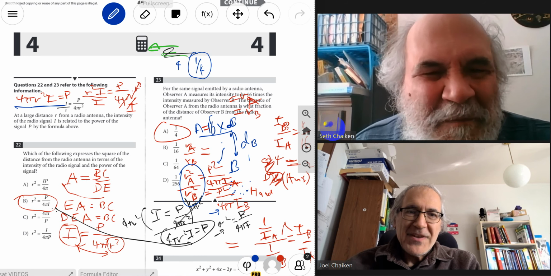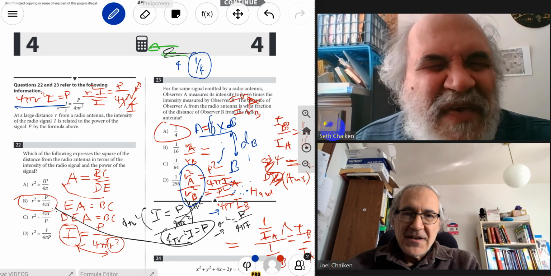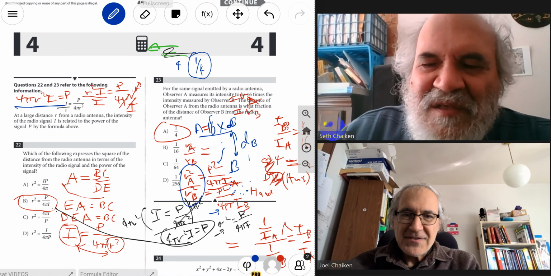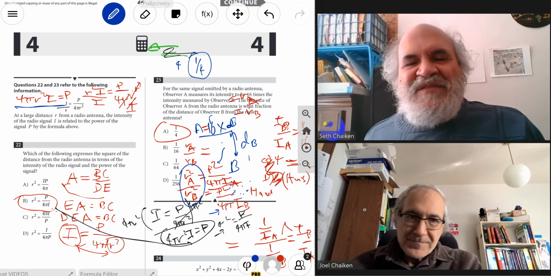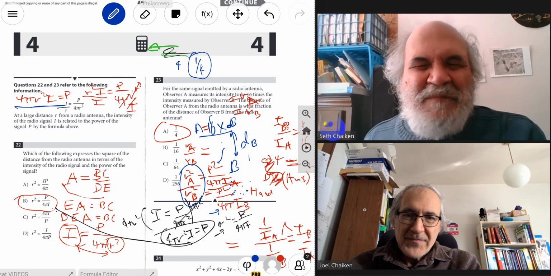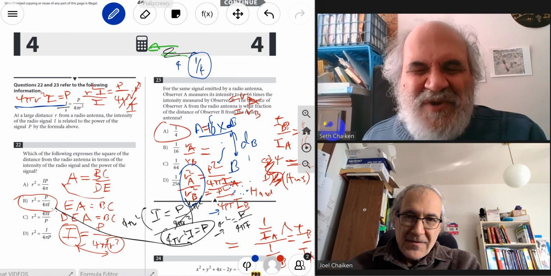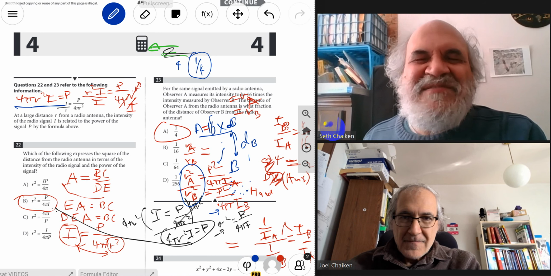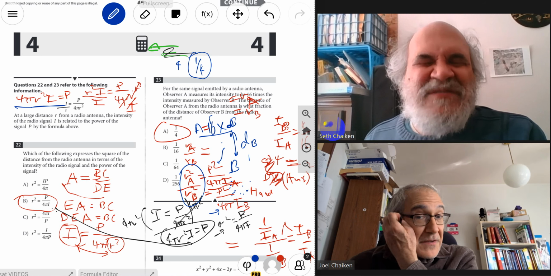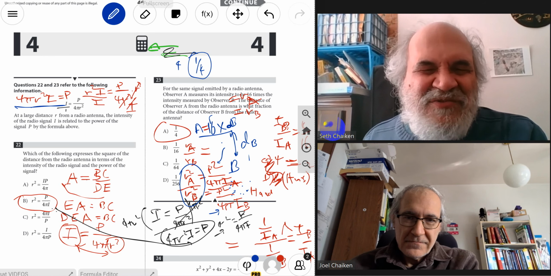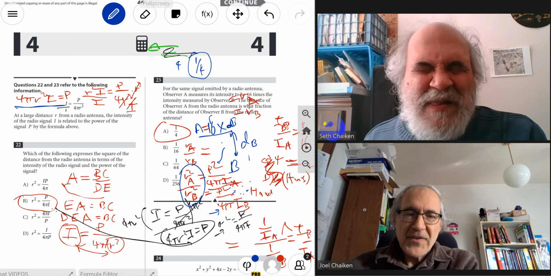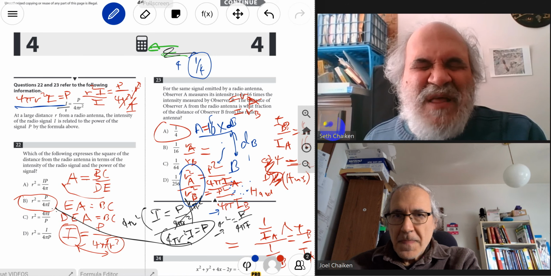P's cancel because they're constant when applying the formula to observer A and observer B. They're constant because the observers are observing the signal from the same radio antenna, and that radio antenna has a particular value of power.